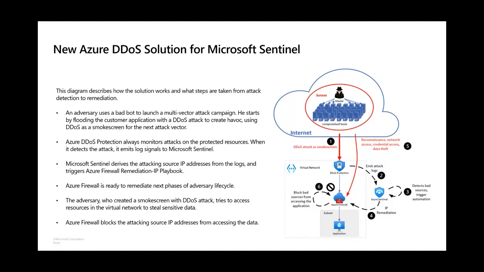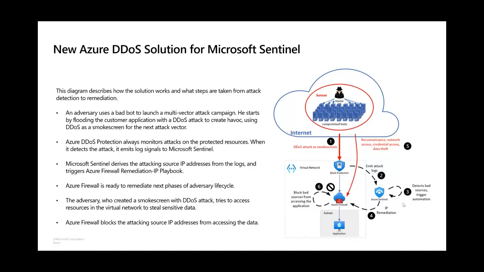In this diagram, we can see how the solution works. The first thing we see, number one, the DDoS attack starts, and then the DDoS protection emits the logs to Sentinel, and then Sentinel detects the bad sources and triggers the automation.